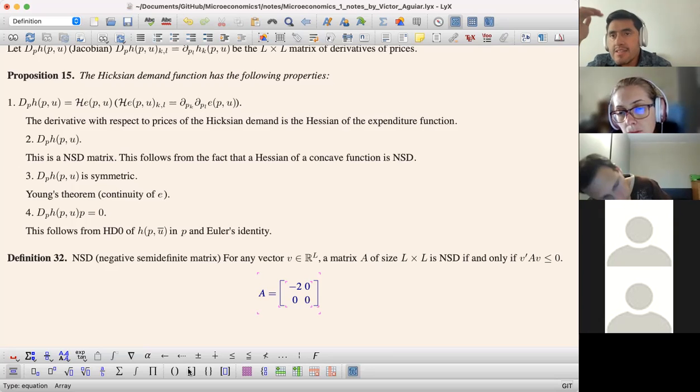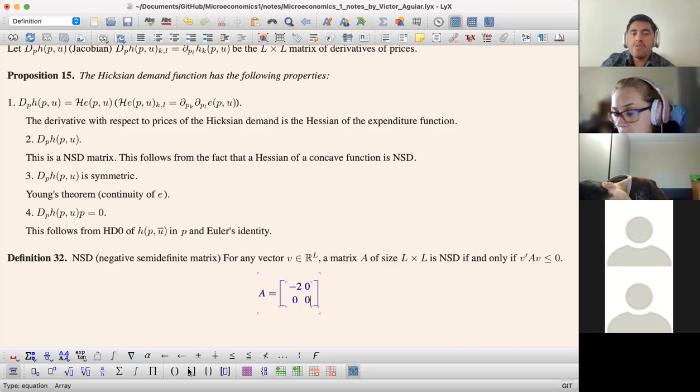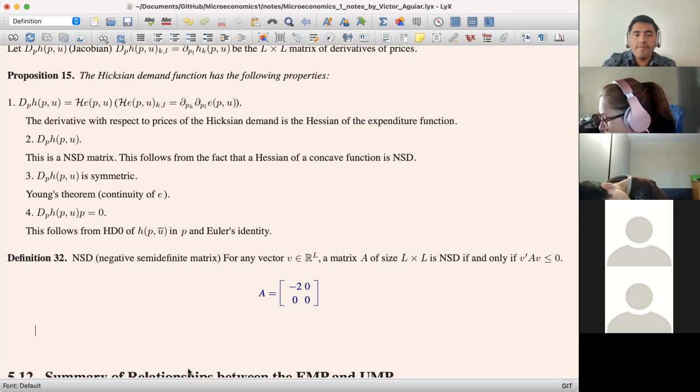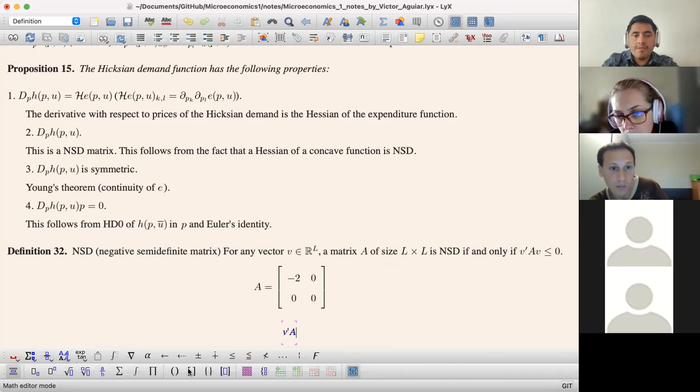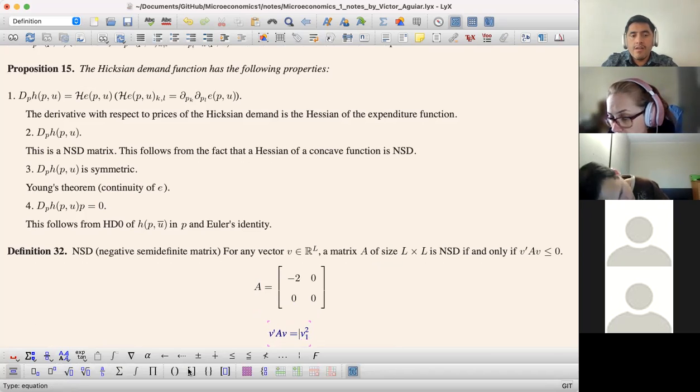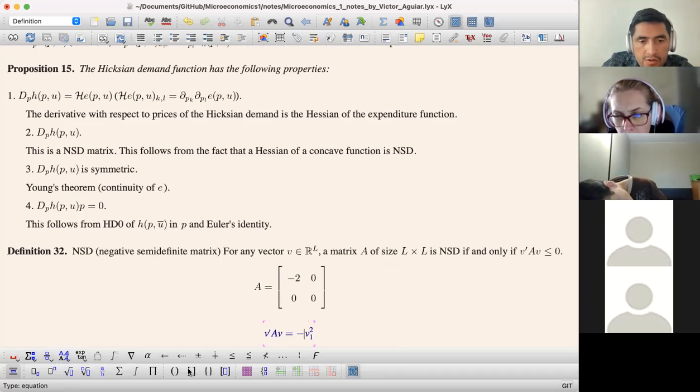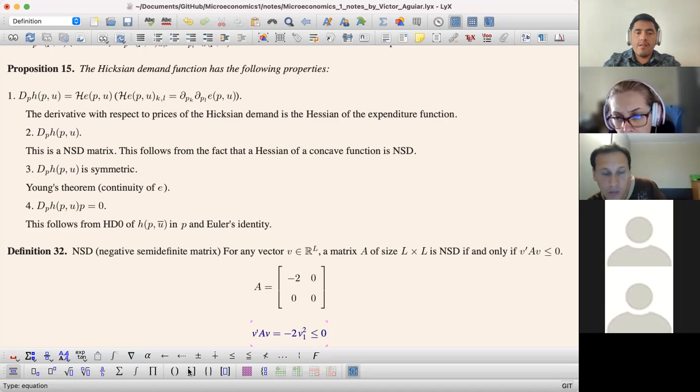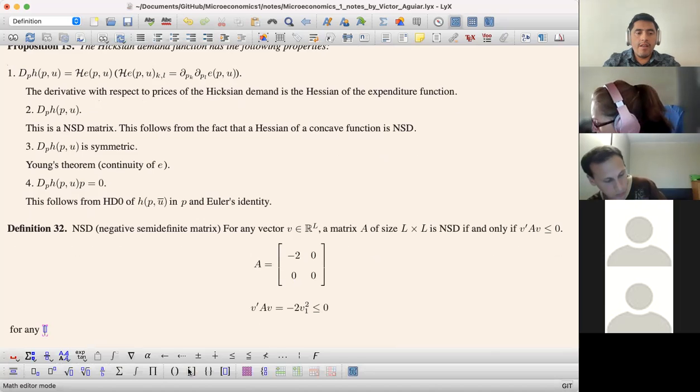So how do I know that this thing is negative semi-definite? Let's apply the definition that Amat told you. So multiply it by any vector v. What will be the solution to this multiplication? So v transpose A v is equal to what? It will be the entry v1 squared times 4, sorry, this will be with -2, for any v.